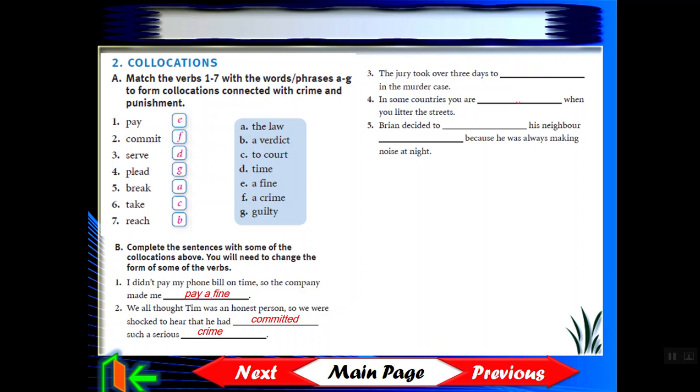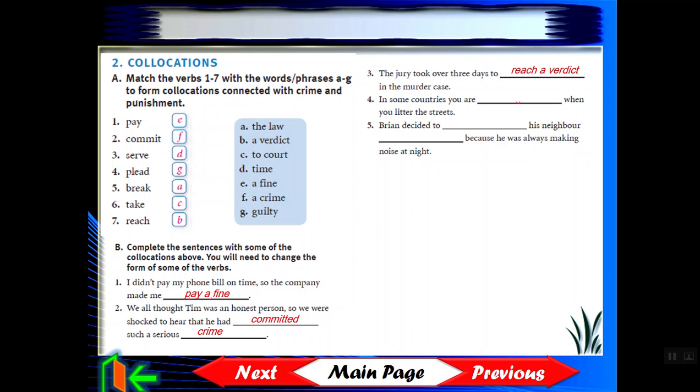The jury, as I told you before, in the American or Western judicial system, they have a jury, هيئة محلفين. They try to reach a verdict. The jury took over 3 days to reach a verdict in the murder case.